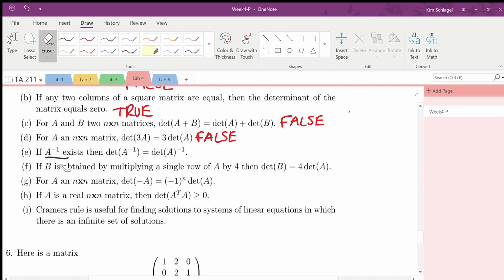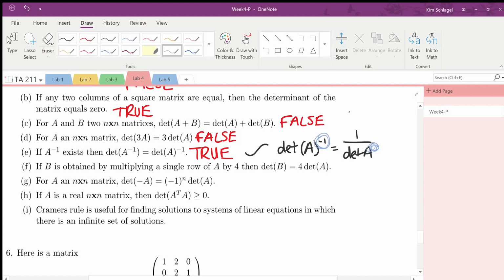it is actually true, and the reason is, if we have the determinant of A inverse, well, we know that the determinant of A inverse is equal to 1 over the determinant of A, right? Just from elementary algebra, exponent rules here.